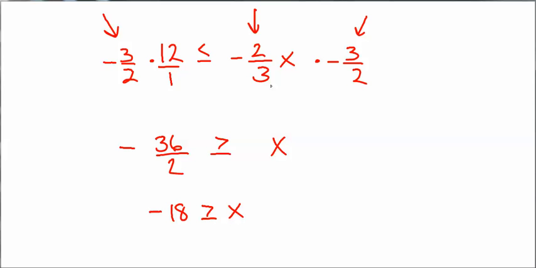The number calculations aren't very complicated today. What's going to be complicated is negatives and figuring out if you've got to switch the inequality or not. That's where you're going to have to be careful. These are all one-step inequalities using multiplication and division, but you've got to pay attention to the signs.